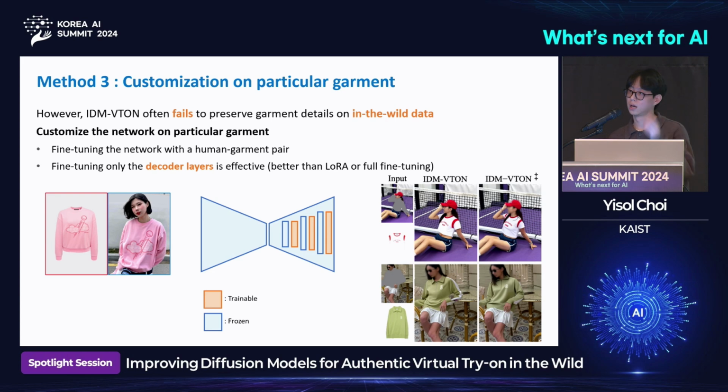But even with this detailed garment conditioning, our model often fails to preserve garment details in the wild dataset. So we propose an efficient method for test time adaptation and show that our adaptation method was effective.